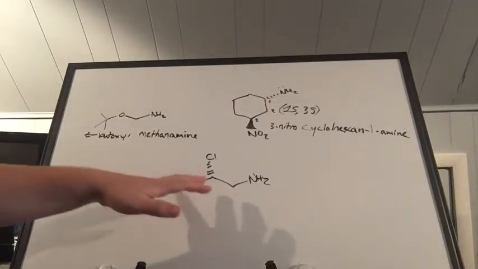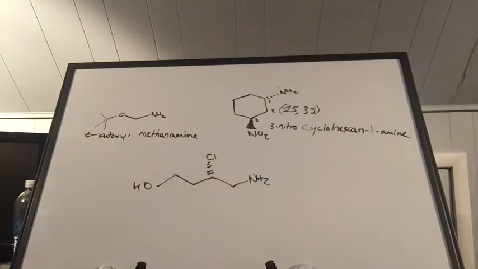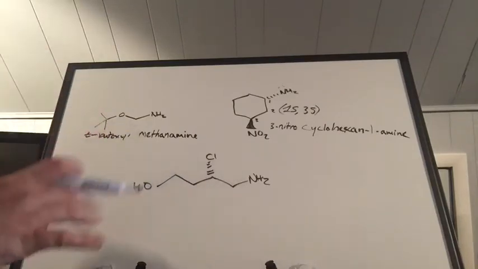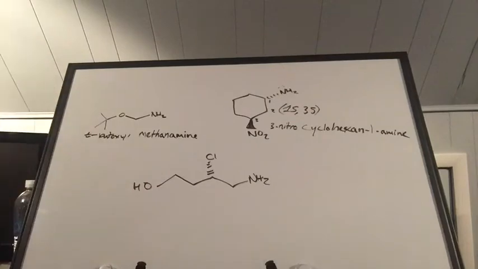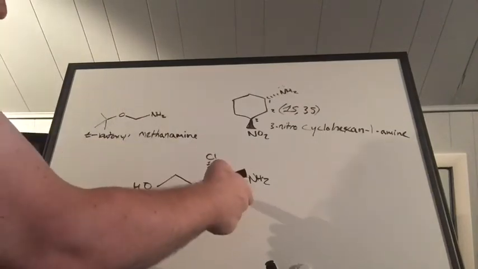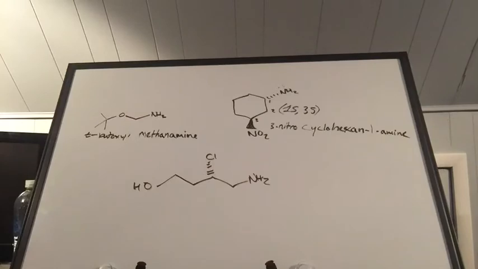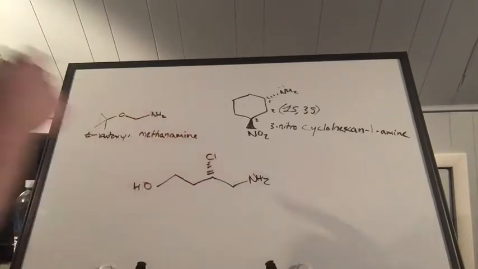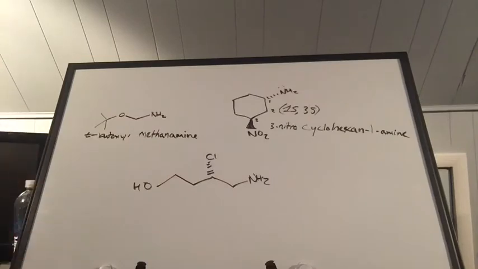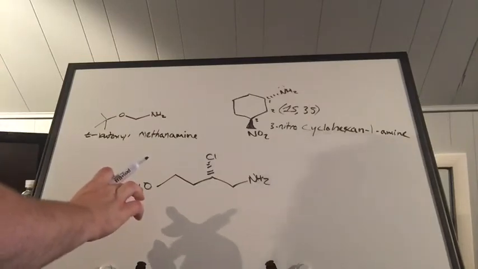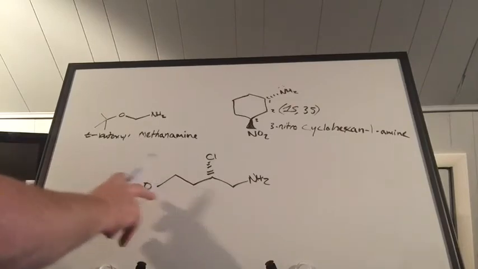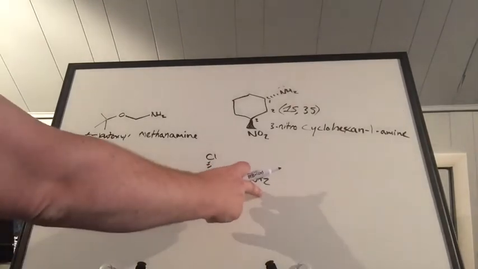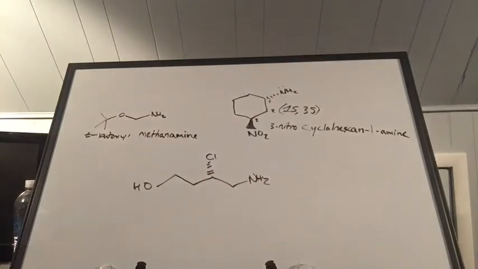Okay, last one. When we talk about priorities here, OH or alcohol is going to be the highest priority, followed by NH2, followed by this chloro group. So, in other words, it should be 1, 2, 3. Okay, so that means that we should have a suffix of OL, a prefix of amino, and a prefix of chloro here.